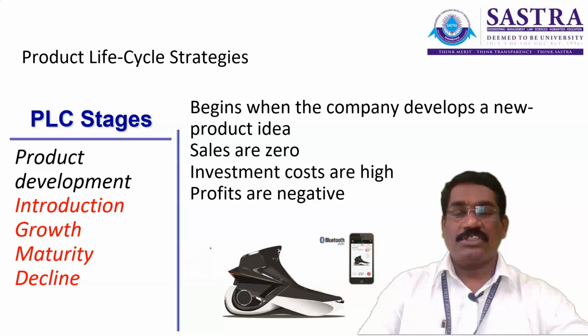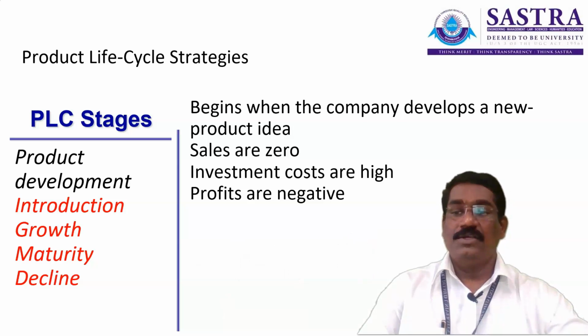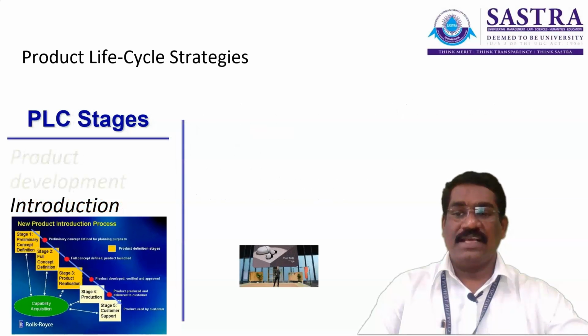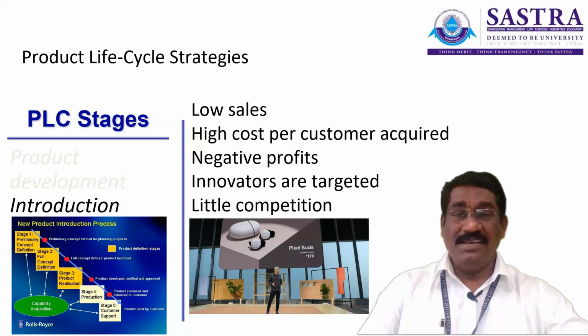And of course, the product has not reached the market. That's why the profits seem to be negative. Okay, so that's about the product development stage, and we move further to the next stage called the introduction stage.